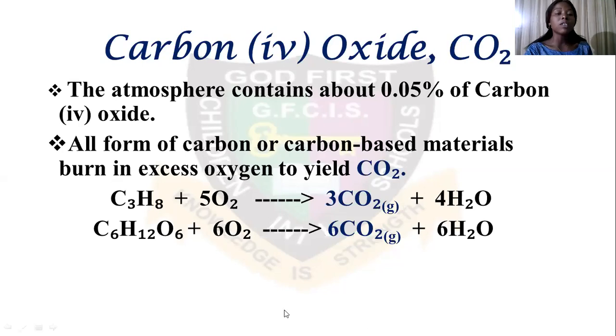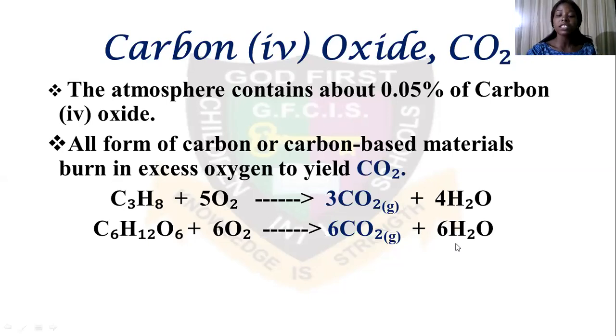Now, look at carbon-containing substances like C3H8. This is propane. It burns in oxygen to give you carbon 4 oxide and water. And then this is glucose, C6H12O6, which burns in oxygen to give you carbon 4 oxide. These are products of the combustion of carbon-based materials.